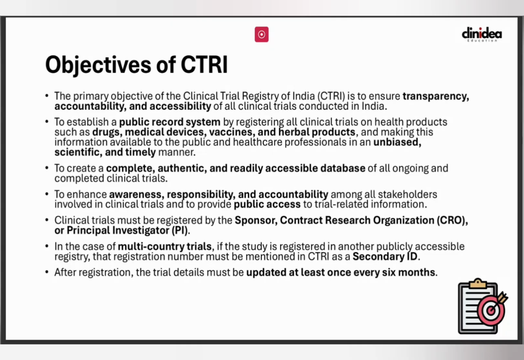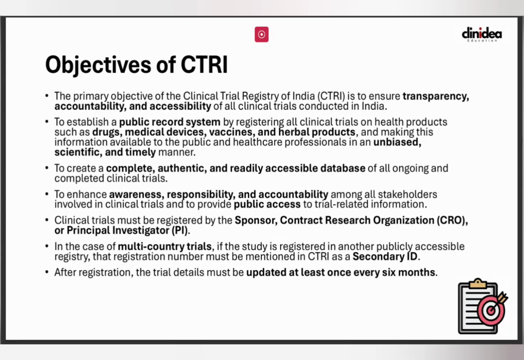Transparency means openness, accountability means responsibility, so everybody should know who's responsible for what if anything goes wrong or anything goes right. So we know to whom the credit goes. Accessibility means information is made very easy to find. So this is the first objective of CTRI.